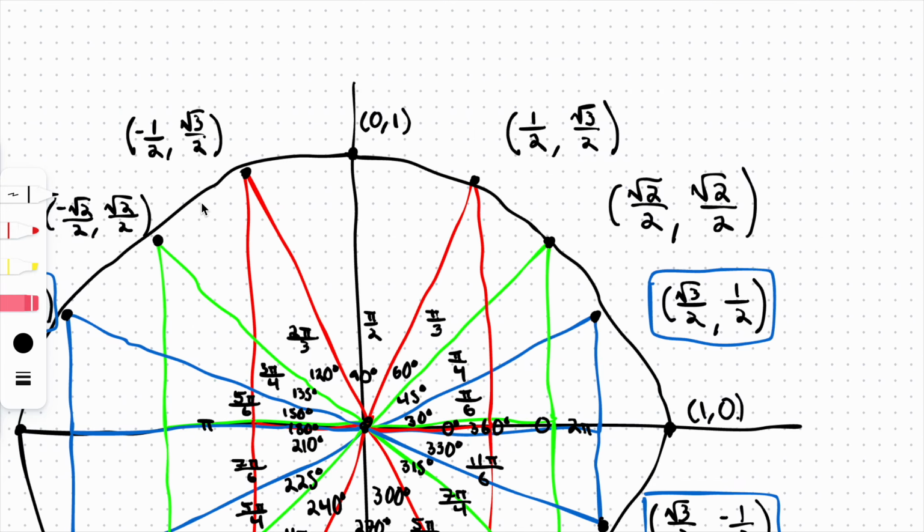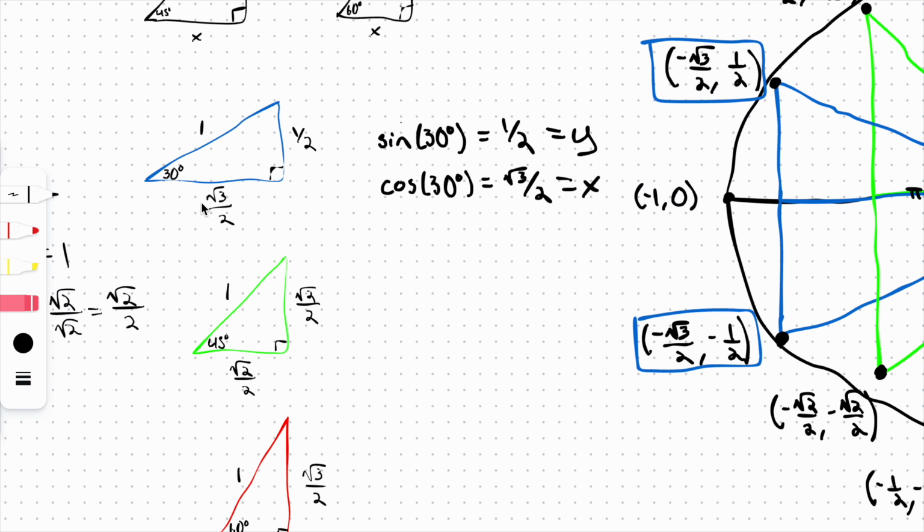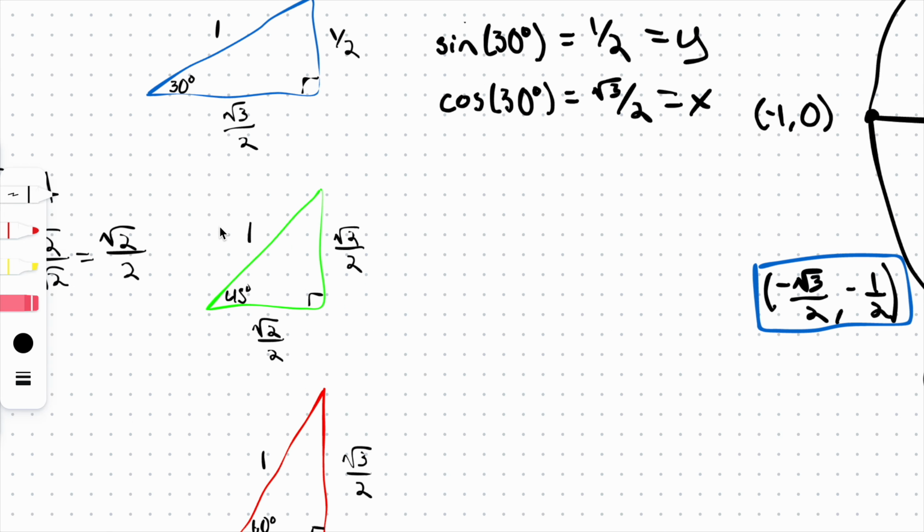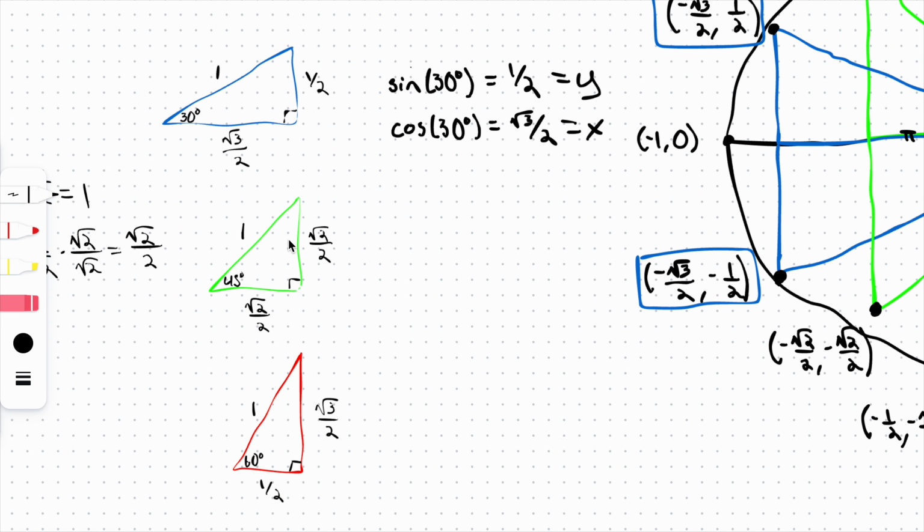How I remember it is I remember two triangles, and that's it. So I know that in my 30, 60, 90 triangle, remember that this red triangle and this blue triangle are the same except they're rotated a bit. They still have the same values of 1/2 and root 3 over 2.